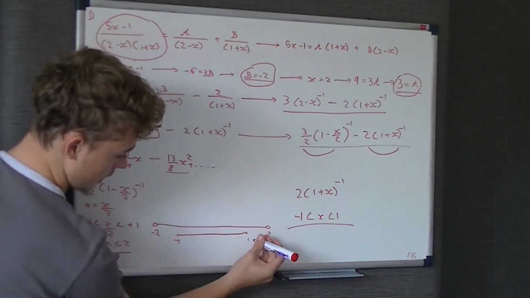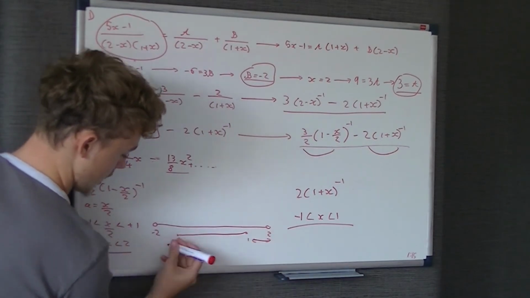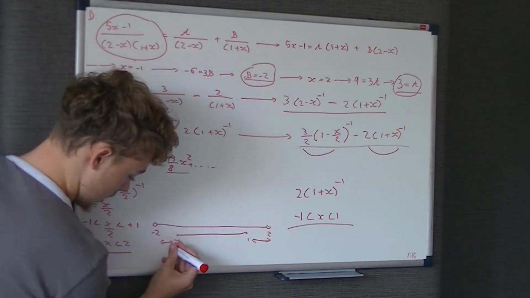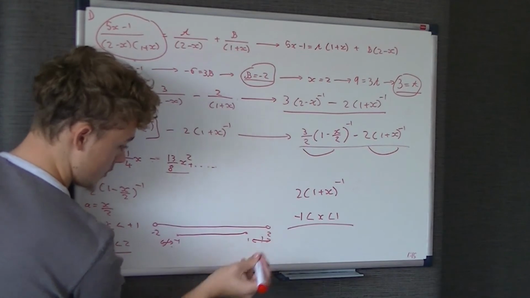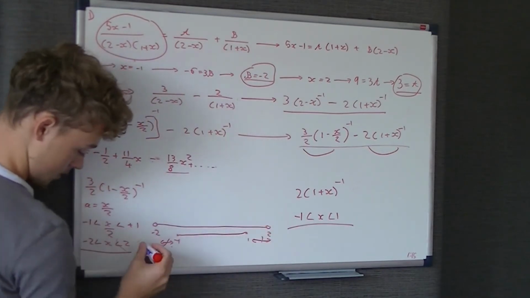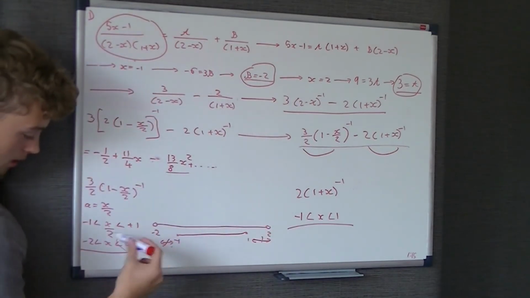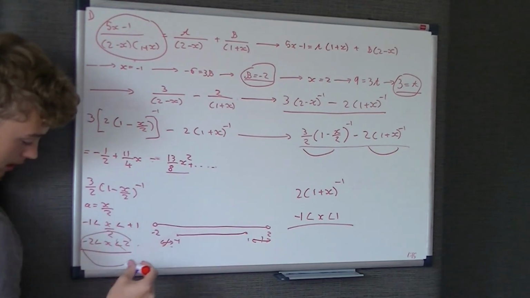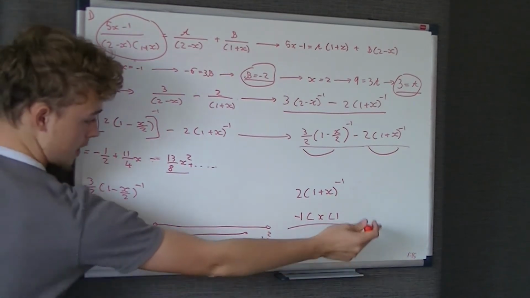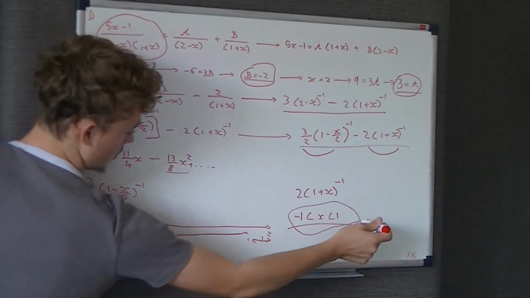Now between 1 and 2, and minus 1 and minus 2, we can't include that, because that only satisfies this part of the inequality. It doesn't factor in this part of the inequality.